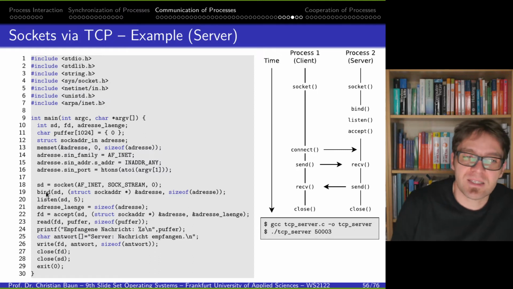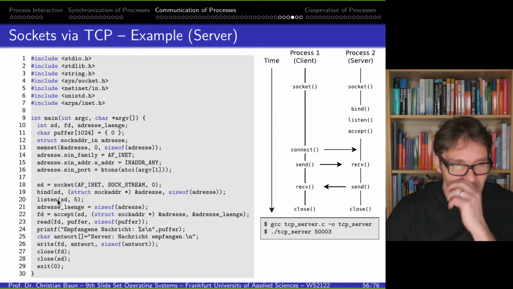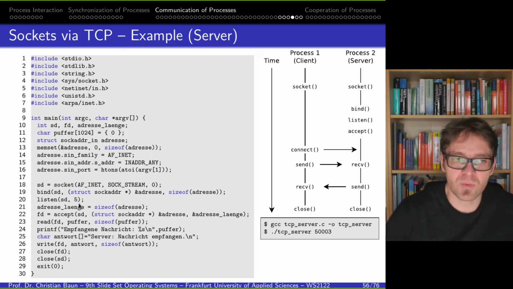Next, in line 19, we bind the socket to the port number which has been specified, and this port number, yeah, here we have it. Here we make our socket listening, so we specify the number of incoming connection requests.